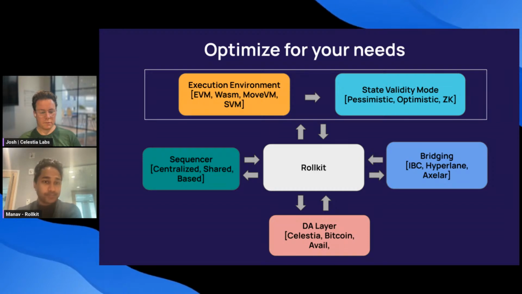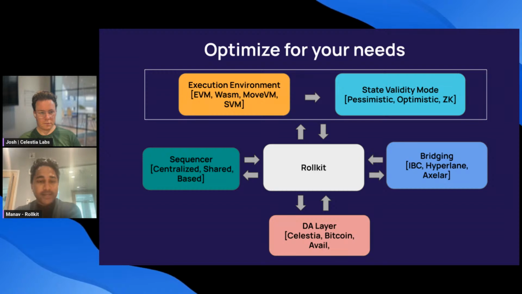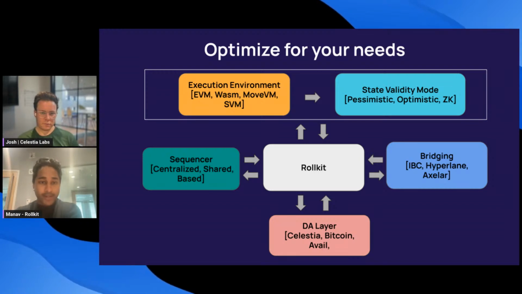The current Rollkit node does both sequencing and execution, but we are working towards supporting separating these two things, and you can pick and choose all the components you would like. It just enables another degree of freedom for developers to pick and choose all these different modular components you can have in a chain, so that you're not forced to pick one. So that's what we're building.